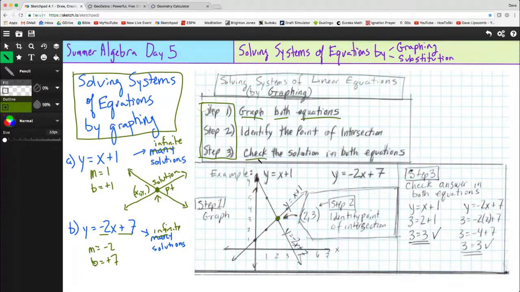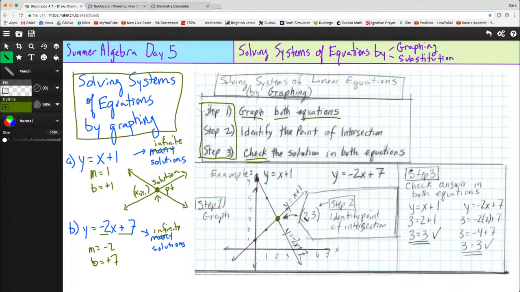That check step is very important, especially when graphing, because you don't know that the point is exactly on that point. It may be like 3.1 comma 2.1 and not the point 2 comma 3. It might be just slightly off, so we need to check that answer.